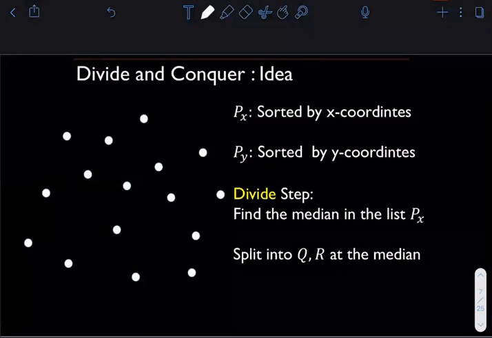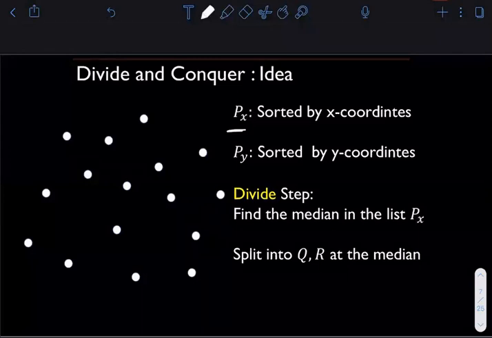Remember, I want to divide the set of points in such a way that the two divisions are roughly of equal size. So a natural idea is, now that I have this sorted list Px, I find the median point according to the list Px. How does that look in the picture?